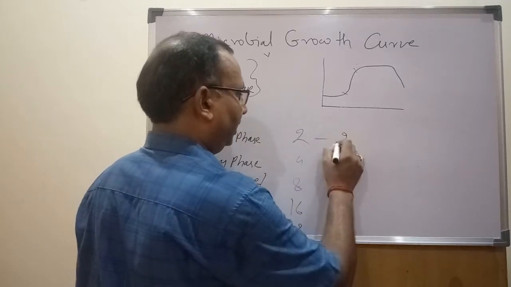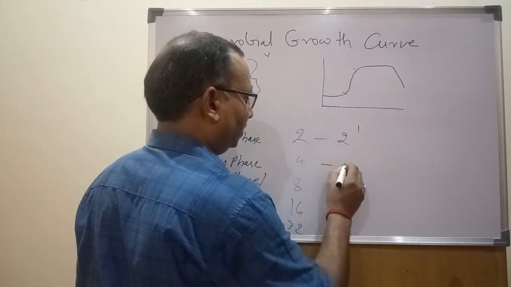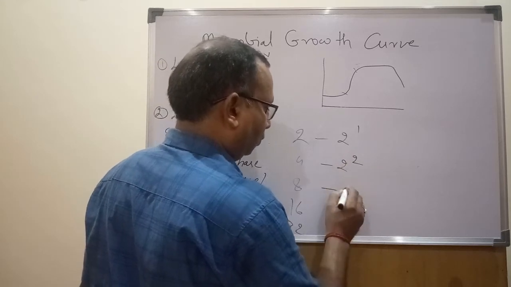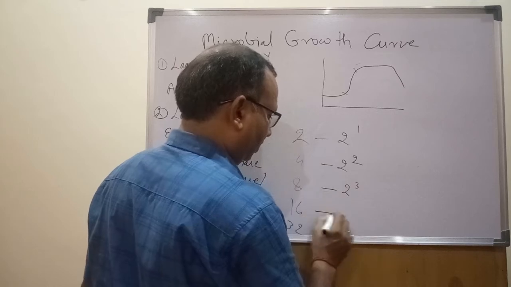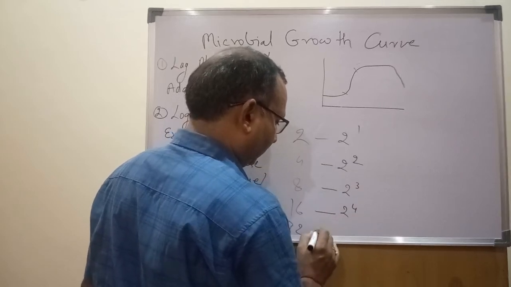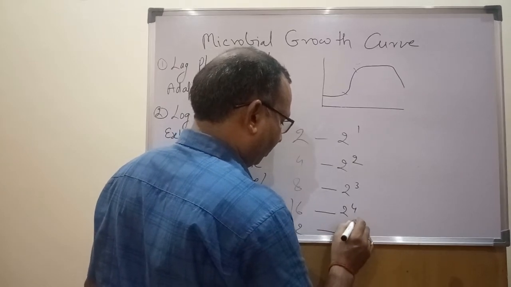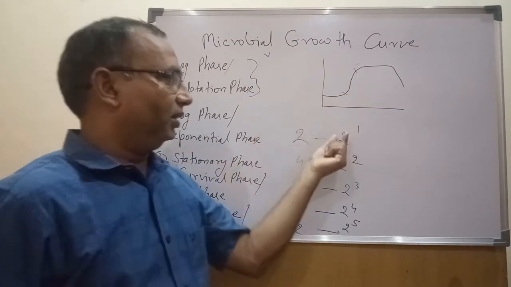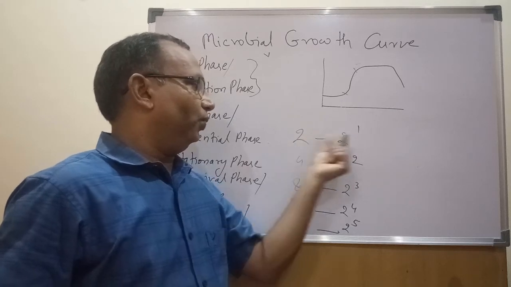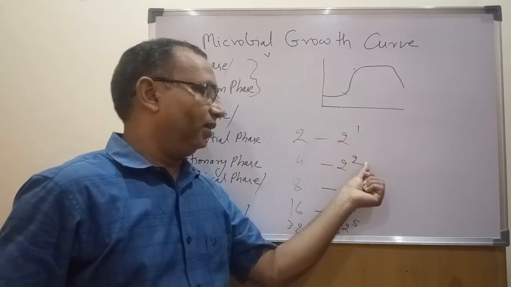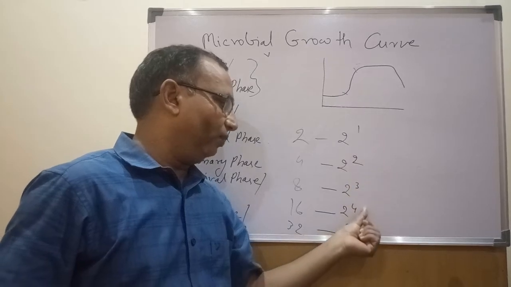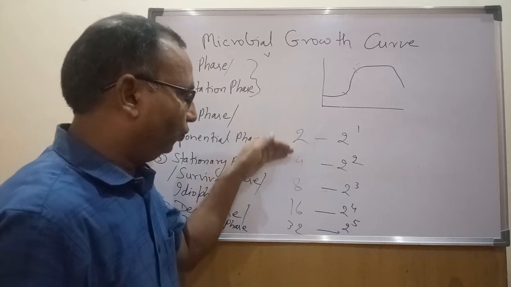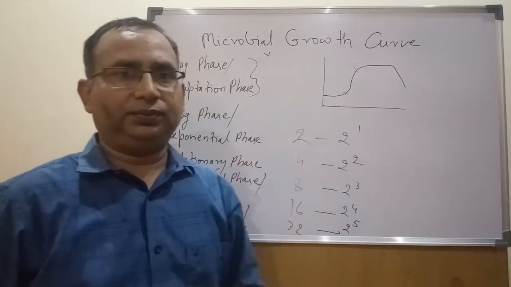So we can say that this is 2 to the power 1, this is 2 to the power 2, this is 2 to the power 3, 2 to the power 4, and 2 to the power 5. So we can see that here 2 has exponent 1, here it is 2, 3, 4 and 5, representing 2, 4, 8, 16 and 32.